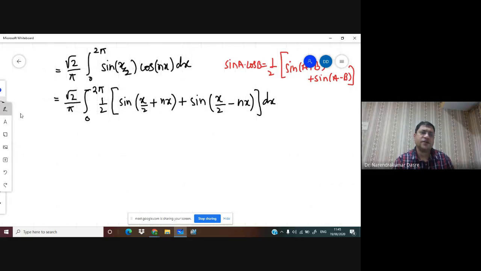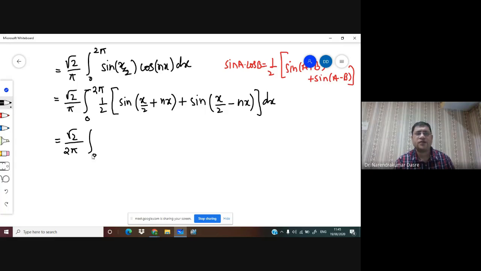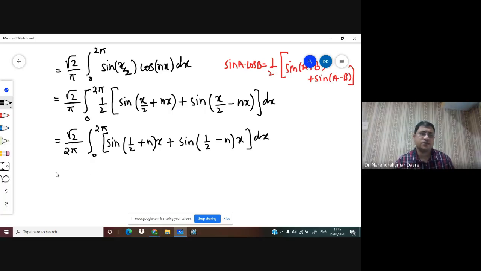Now let us simplify this. So we can have 2 upon 2 pi integral 0 to 2 pi, and here we have this term. So bring it here. It's going to be sine of, I can write this as half plus n into x plus sine of half minus n into x, and this is here.